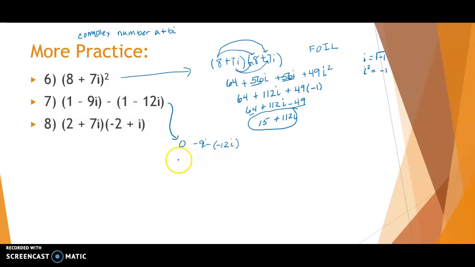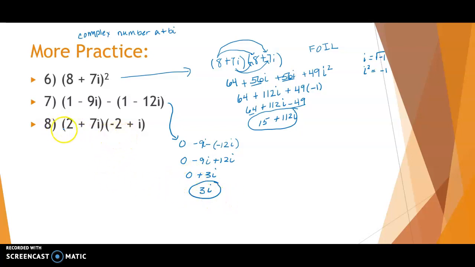Two negatives make a positive, so really we have 0 minus 9i plus 12i. So we combine these, we have 0 plus 3i. That's its complex format, and we can write that as just a pure imaginary number, 3i, as the answer. There is nothing as far as a real part to that.